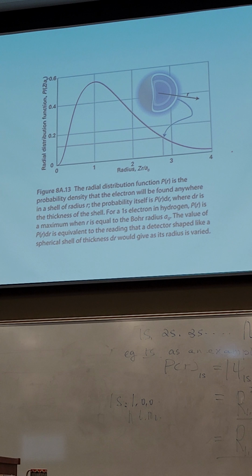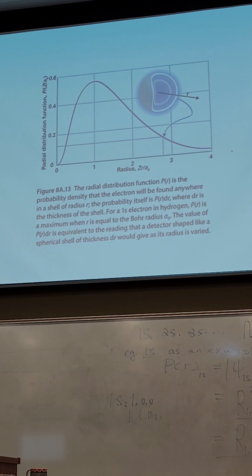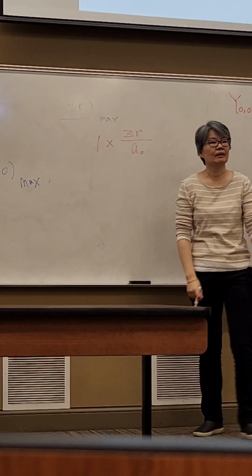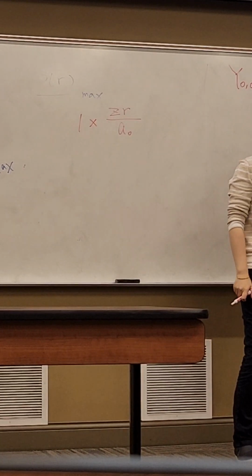What do you mean 1? Oh, 1 is referred to, yes. 1 is multiplied by this factor, right? They make everything simple with substitution, but they also have a unit in the x-axis. 1 unit of what? Z R over A naught. Very good.